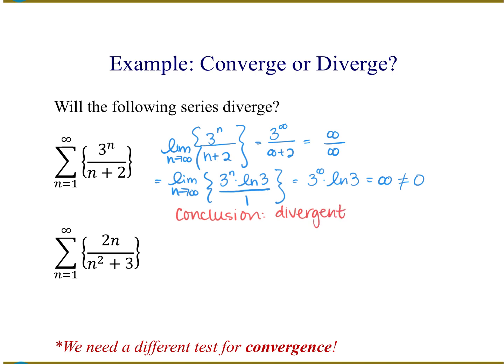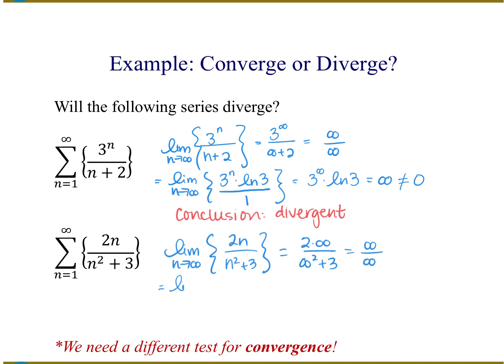That's the only safety net you have. If it's not 0, it is divergent. So then our second example is what happens when it is 0. The limit here, 2 times n over n squared plus 3, we'll get 2 times infinity over infinity squared plus 3, which is infinity over infinity, which means we have to go back to L'Hopital.